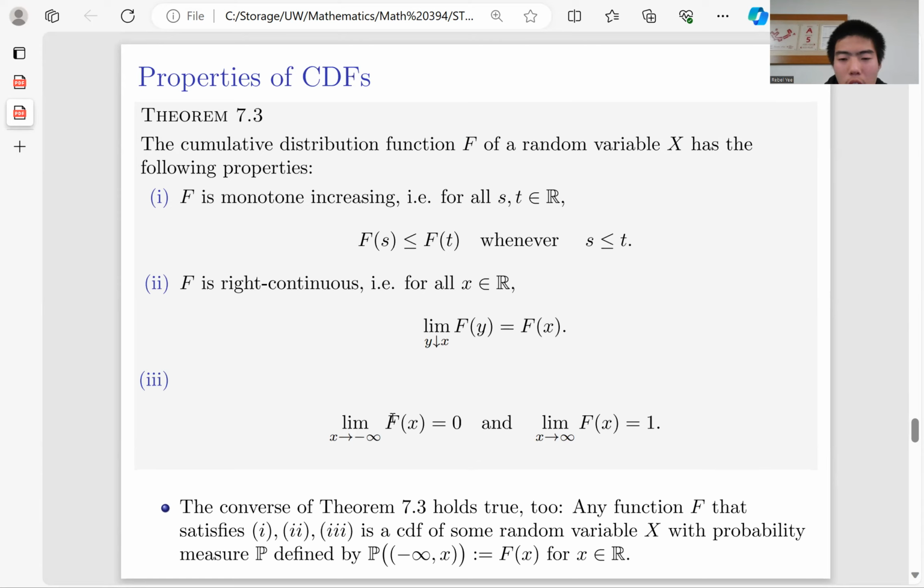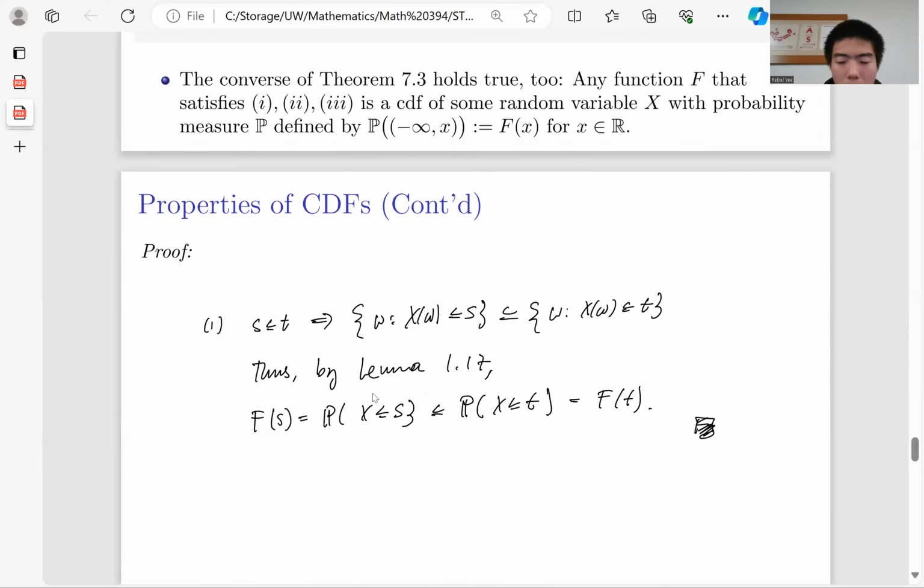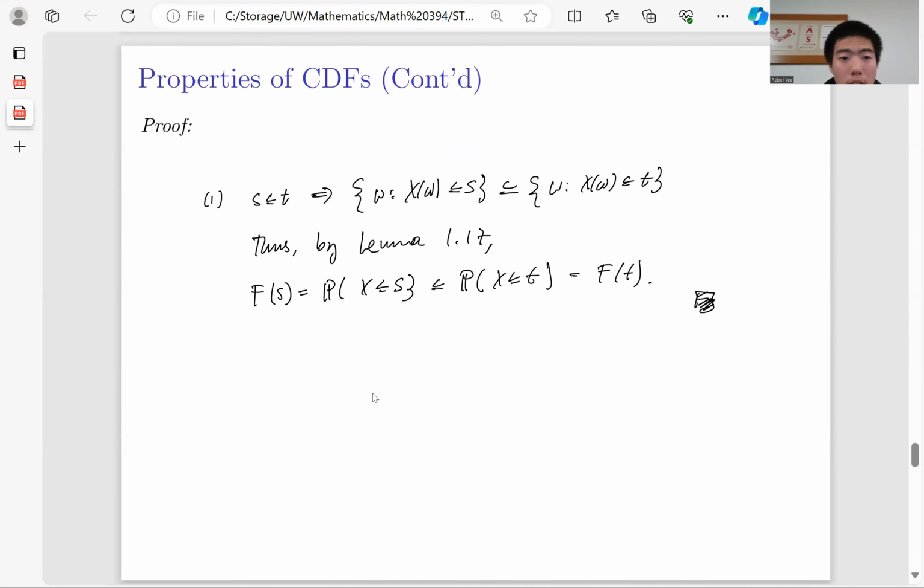And if we let x go to infinity, then all of the realizations are smaller or equal to infinity. So we already cover all of the realizations, and the probability is 1. And there are also some proofs for each of the properties.